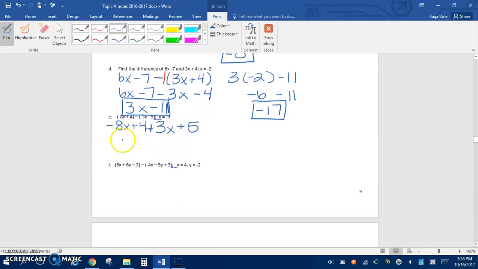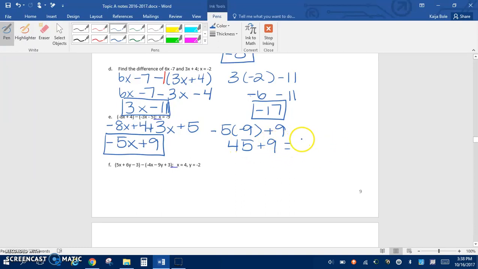So we have negative 8x plus 3x gives us negative 5x, and then 4 plus 5 gives us a 9. So that's our simplified form. And then evaluate when x is negative 9. So we have negative 5 times negative 9 plus 9, so we have positive 45 plus 9, which equals 54.